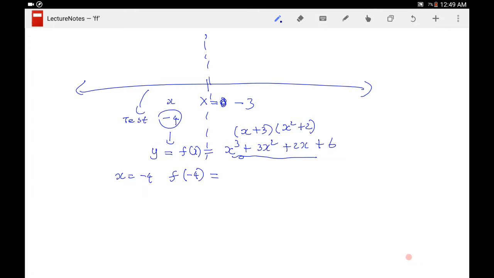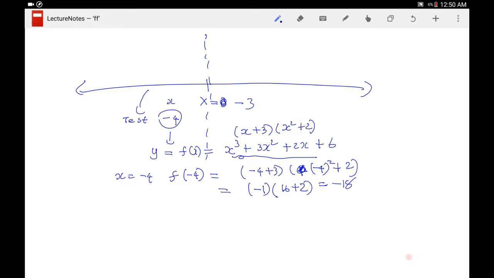It's easier to plug into this one than this one, and you will get the same answer. So that is (-4 plus 3) times ((-4) squared plus 2). Actually we are interested in the sign here. Here I get -1, and here -4 squared is positive 16 plus 2, 18. So I get -18.